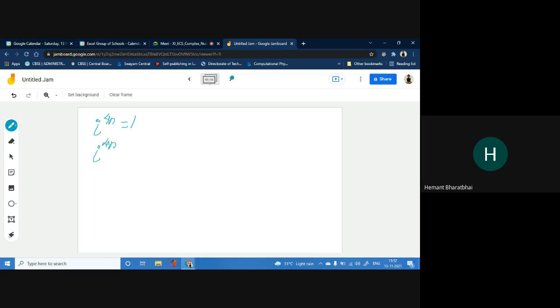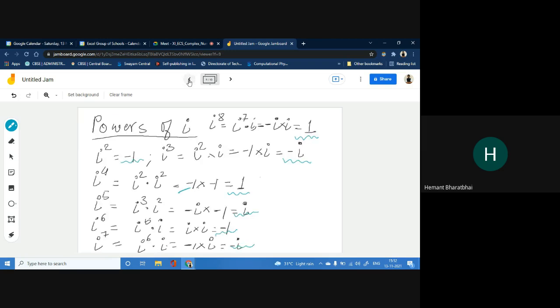Then i raised to 4n plus 1. So if you just see over here, i raised to 5 can also be written as i raised to 4 into i, which can further be written as i raised to 4 plus 1.